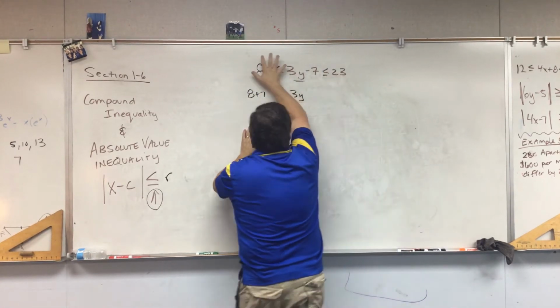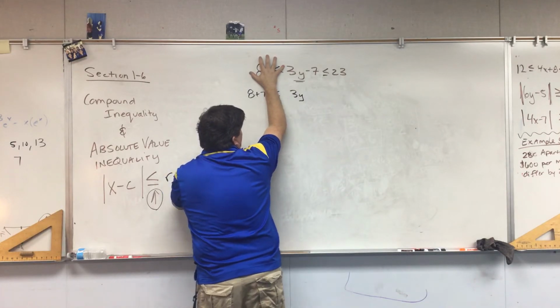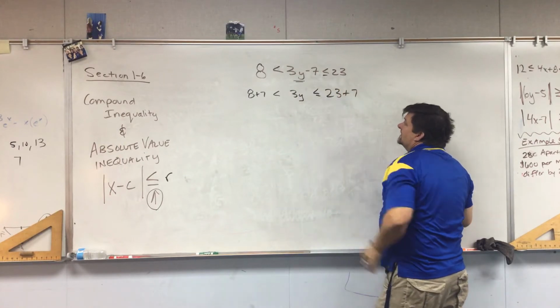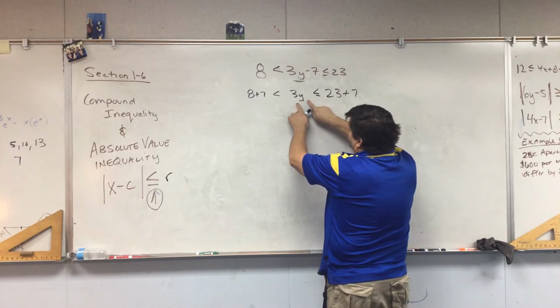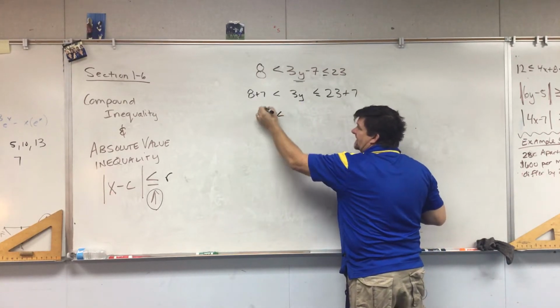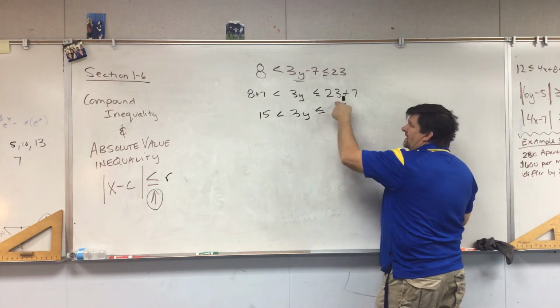And then how do I get y by itself on that side? I'm going to add 7, so I get 23 plus 7. So I just solve for the middle, and then add or subtract or divide to both sides. So if I clean this up, I get 15, 3y, and this is 30.